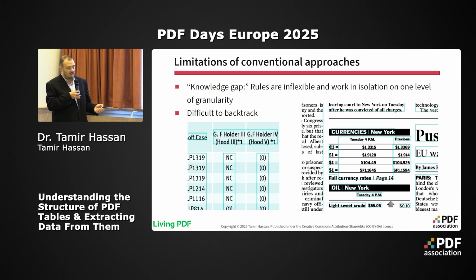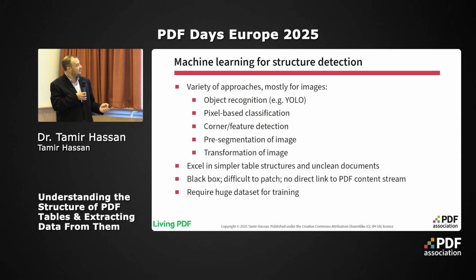I'm going to jump now to using machine learning for structure detection. There are several approaches for machine learning which have actually been quite good at dealing with such issues. They've generally concentrated on object recognition and other, actually more difficult tasks.